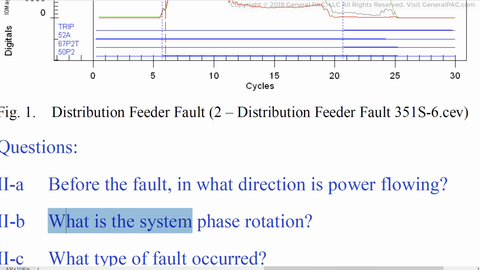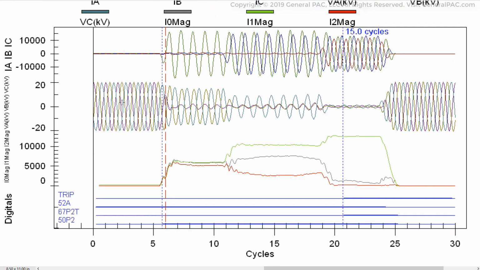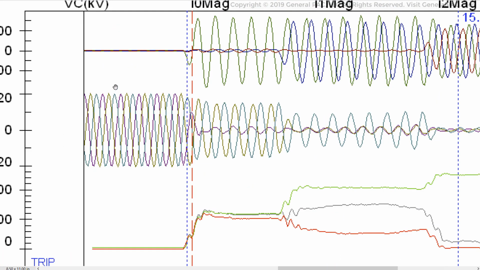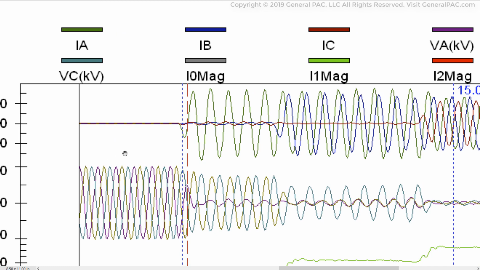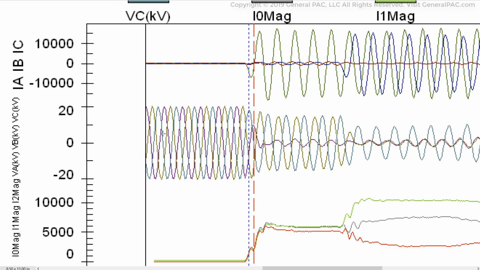The second question is, what is the system phase rotation? Let's zoom in on the voltage waveforms. What we find is that the voltage waveform essentially starts with the purple, then it goes into this greenish color, and then this teal color.